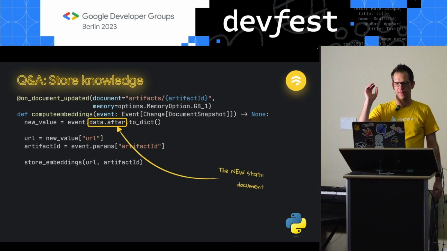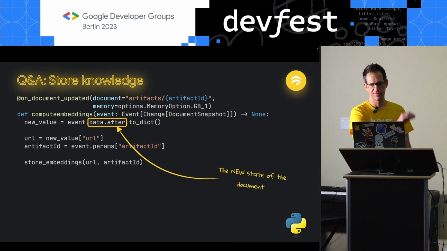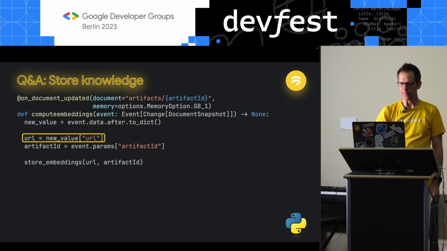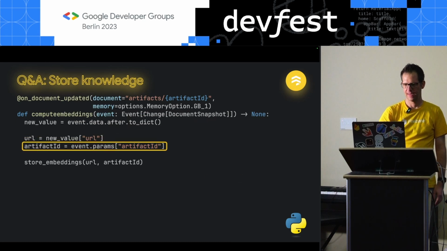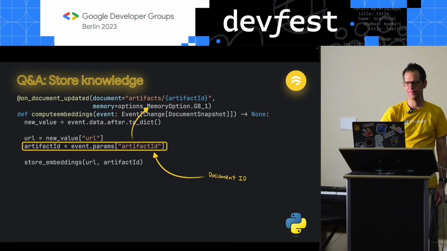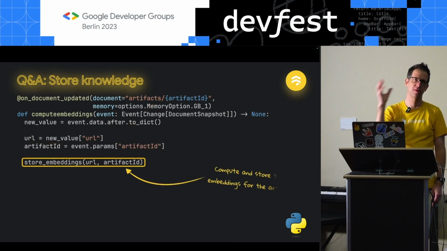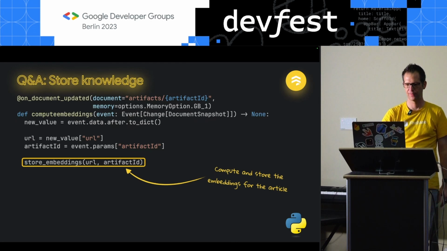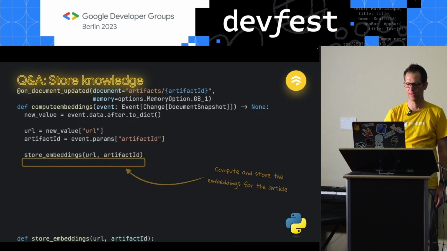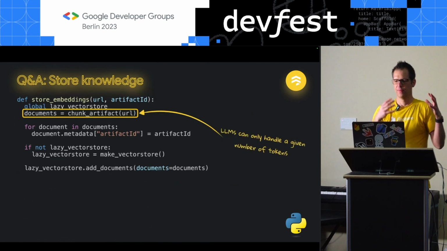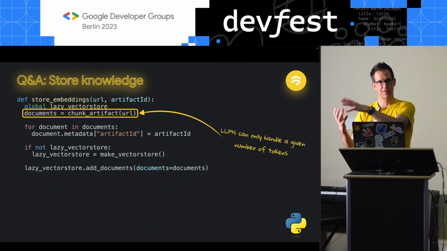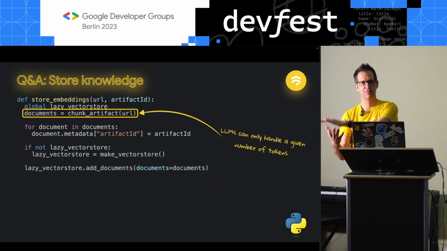So we take the document snapshot, we extract the URL, and then we take the artifact ID, and then we call another function to compute the embeddings for the text behind this URL. Here's how it works. First, we call another function which will chunk the text into smaller pieces.